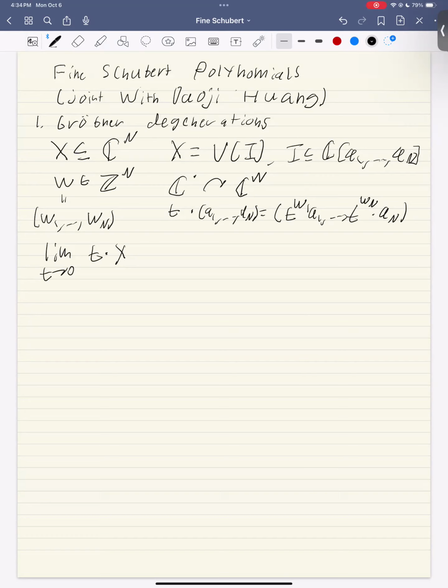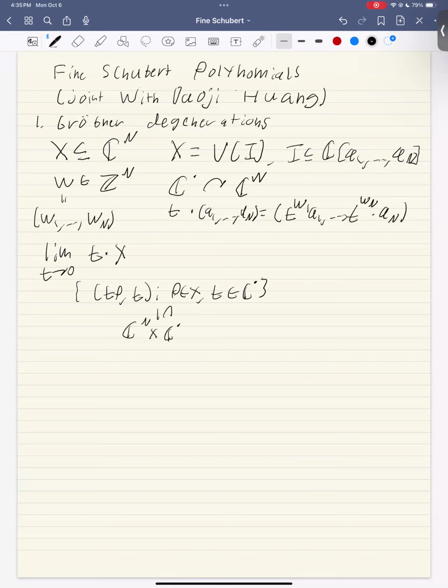It's not like calculus students do. So one way to define this is that you consider the set of pairs (T dot P, T) where P is in X and T is in C star. So this is contained in C to the n times C star.